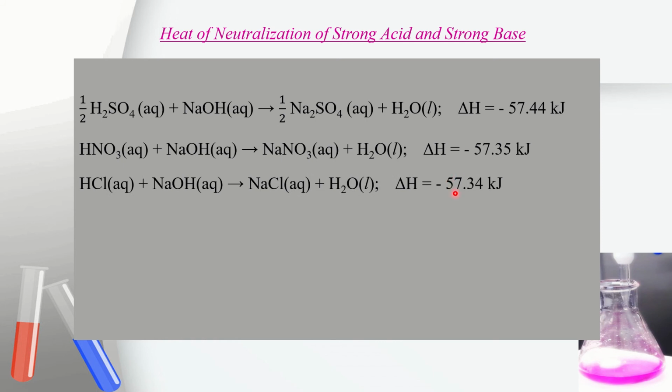This reaction we have already seen before. Here the heat change is minus 57.34 kilojoule. HCl and potassium hydroxide, both are strong, and here the heat change is minus 57.43 kilojoule. Now students, look at all these examples. Here the reactions are between strong acid and strong base.